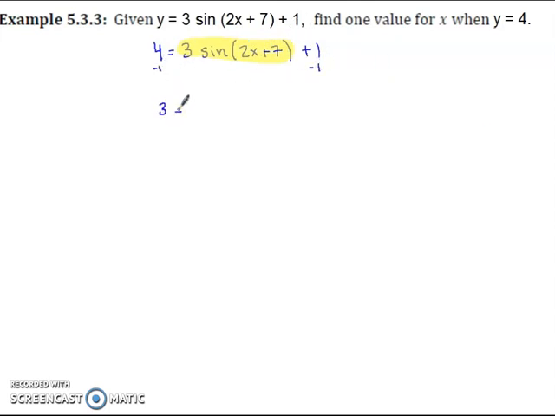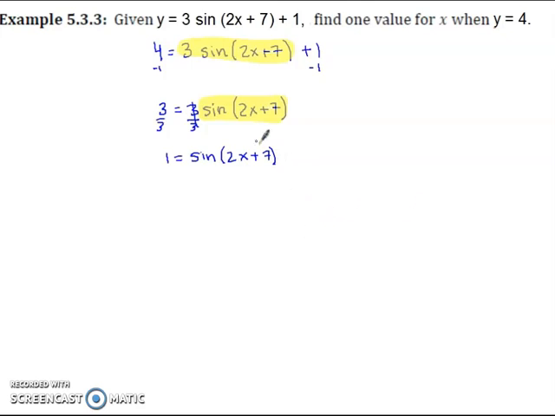So I have 3 equals 3 sine of 2x plus 7. Now in order to isolate the sine function, I'm going to divide both sides by 3. Since we are multiplying that entire sine function by 3, I divide by 3 to isolate sine. That then gives me 1 equals sine of 2x plus 7.